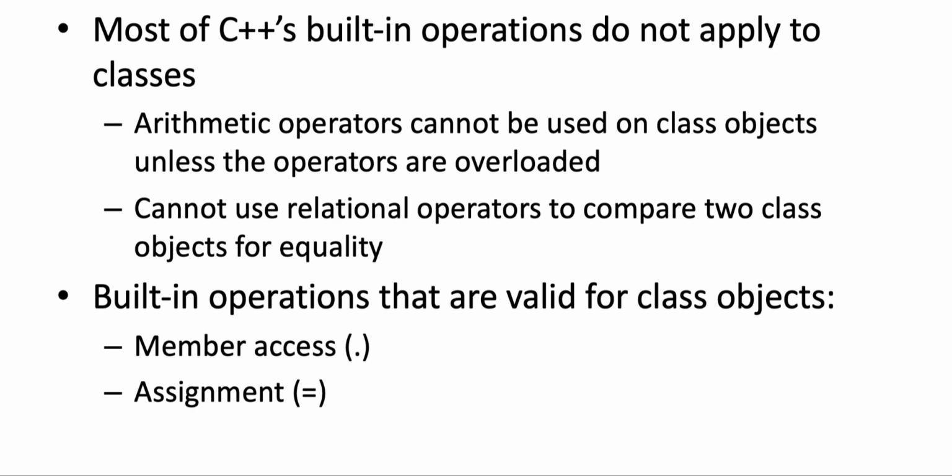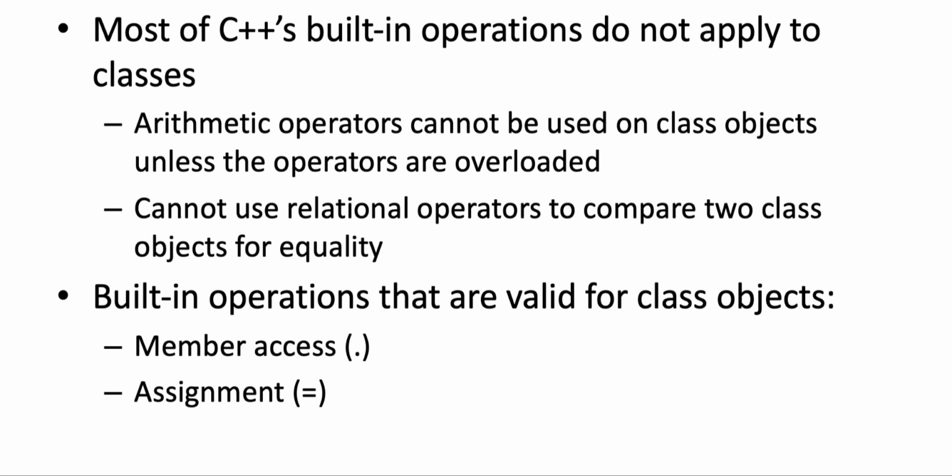Most of C++'s built-in operations do not apply to classes. You cannot use arithmetic operators to perform arithmetic operations on class objects unless they're overloaded, which we will talk about later, not in this video. For example, you cannot use the plus operator to add 2 class objects of, say, type clock type.